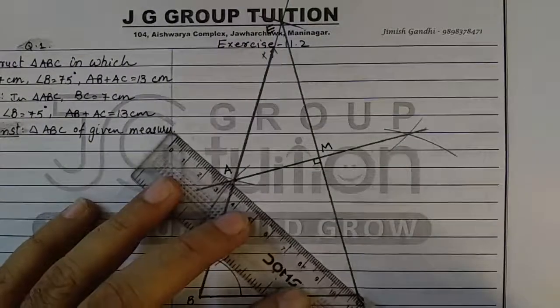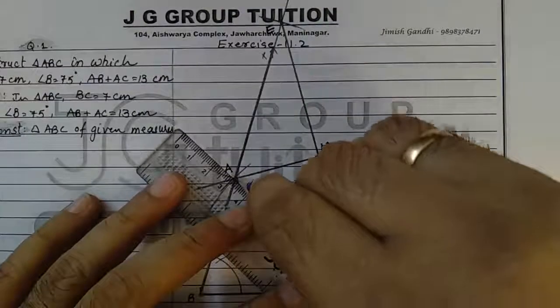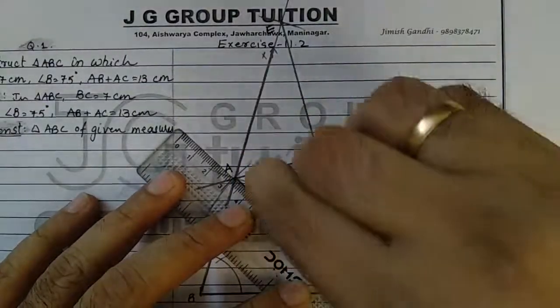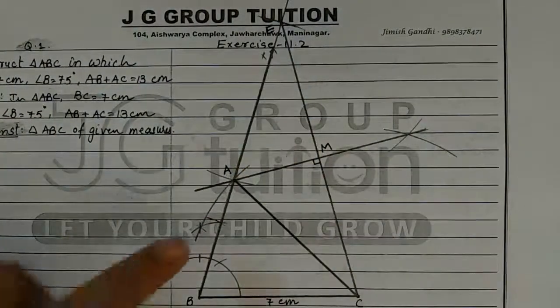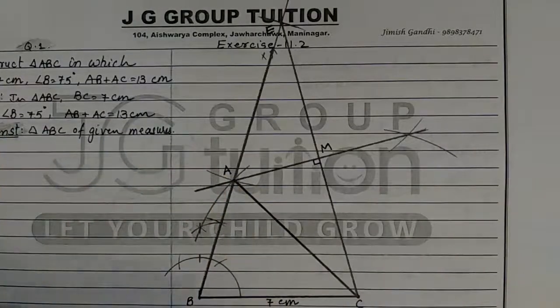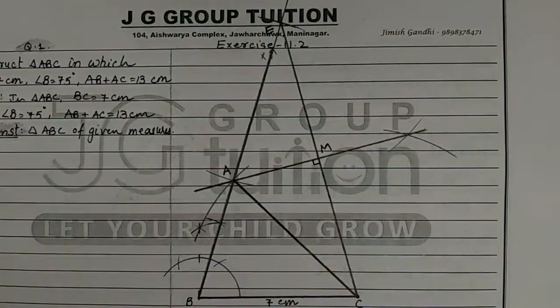Let us join AC. Now you can see that triangle ABC is the required triangle.